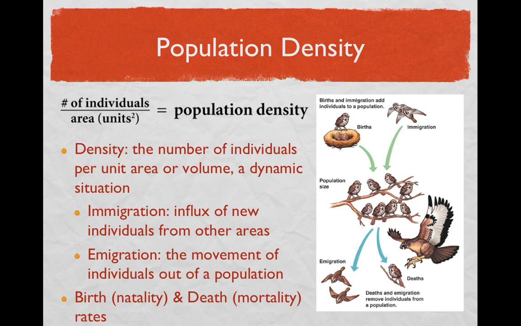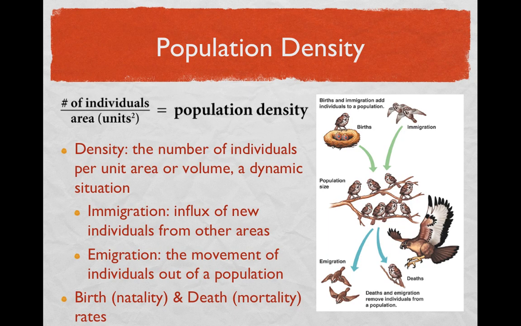You're going to have all sorts of factors that affect your population density, and that's going to be factors that add new individuals to your area. So immigration, individuals moving in from another area, as well as your birth or your natality rates, literally adding new individuals, not just to the population, but to Earth in general.